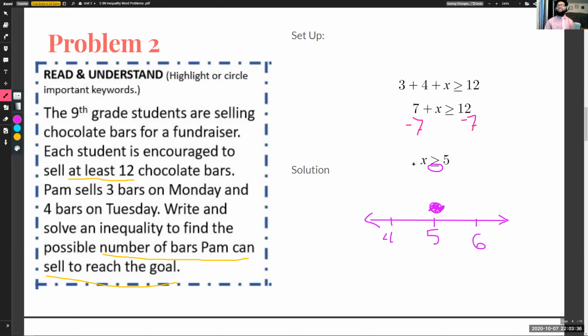And then since our x is on the left side, we can just go in the direction. A better way of thinking about that, though, and I talked about this in our last lesson, is that we're going to draw our line in the direction of values that satisfy the equation. So when we look at this, what numbers can we put into x is greater than or equal to 5 that will satisfy that equation?